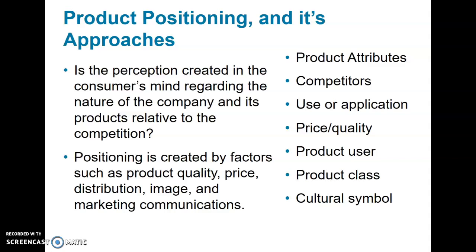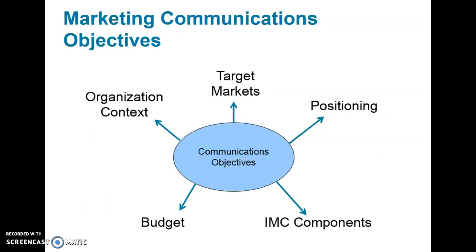Positioning can be based on the product class, such as breakfast foods, sports cars, beverages. The last approach is cultural symbol, which strives to connect the brand to some cultural symbol that is recognized and known by consumers.